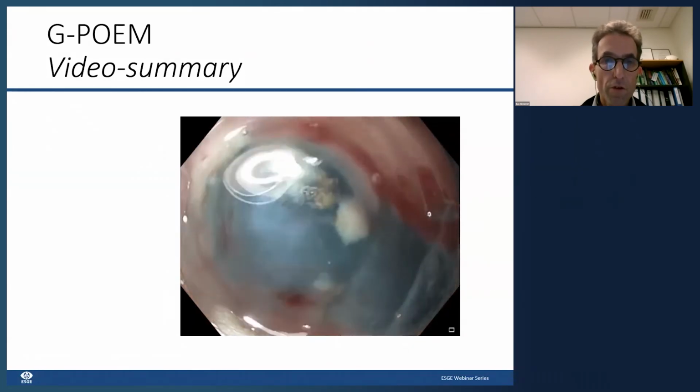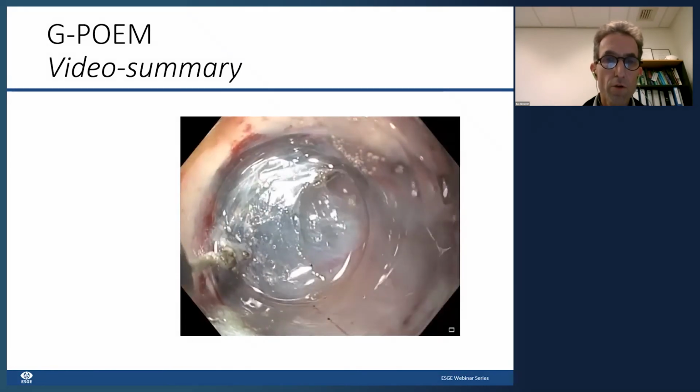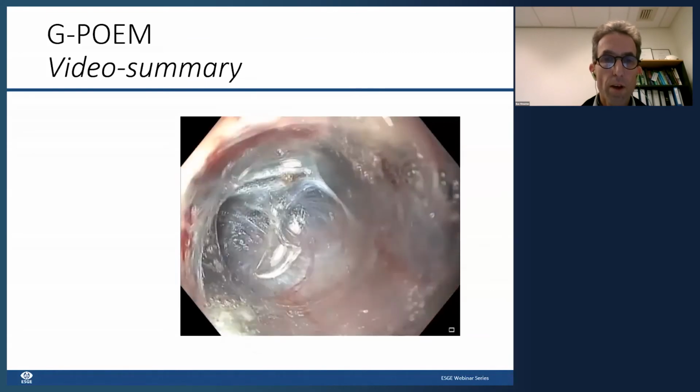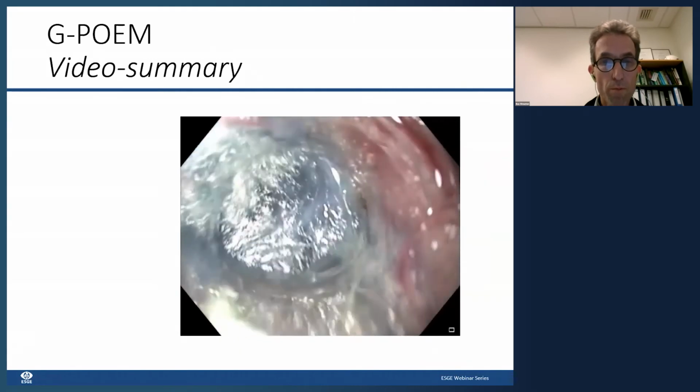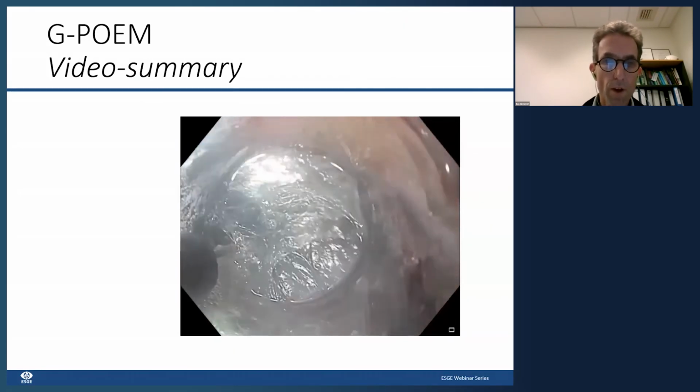And then you see here that I created a mucosal incision, and now I try to get into the submucosal space. It's quite similar to the example of POEM in the achalasia case that Jan Martinek showed you.